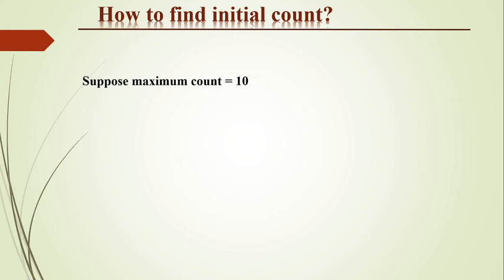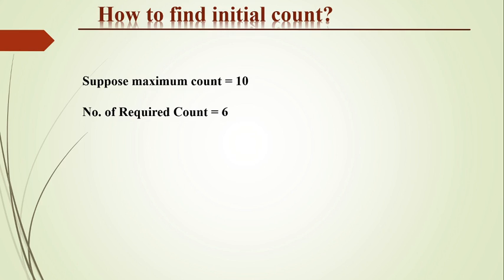How to find the initial count? Let's consider that there are 10 things, that is, a maximum of 10 counts, and those 10 toys are labeled from 0 to 9, and we have to count only 6 toys. That means we have to count the last 6 toys only.